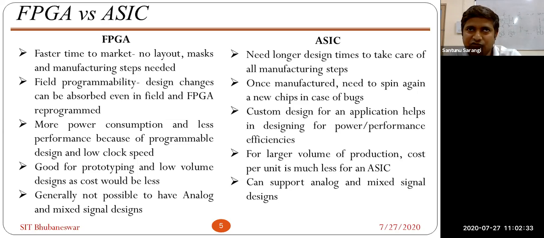Only those interconnects that are required, we will put. So it's very specific to the application. Limited components, limited routing, limited input output, everything. That's why the performance will be more. It can be higher speed, with low power consumption.